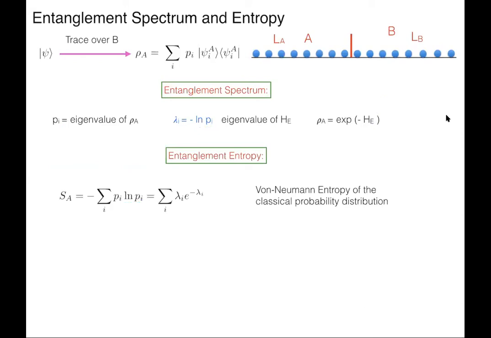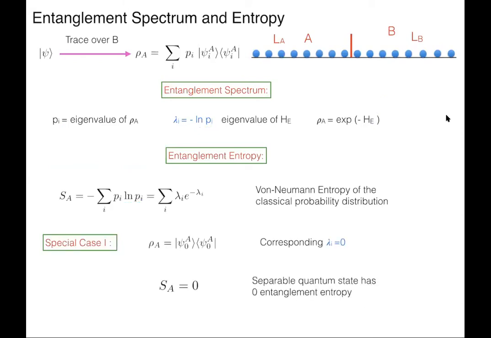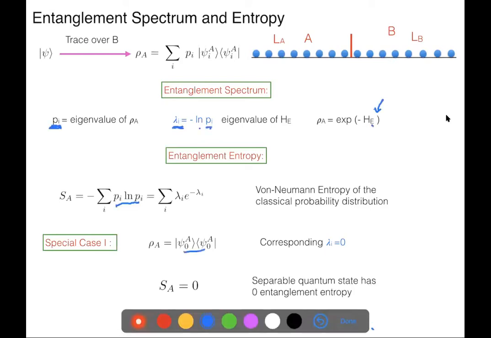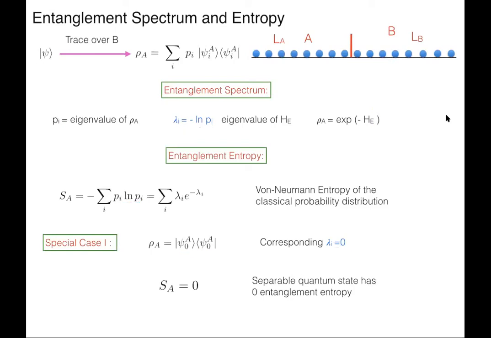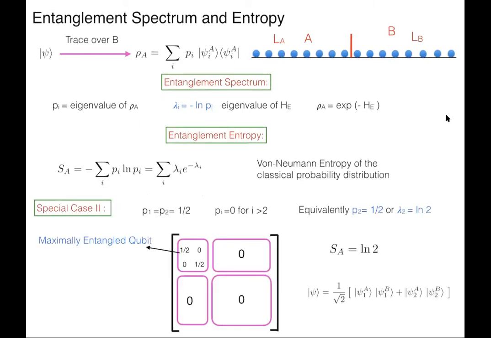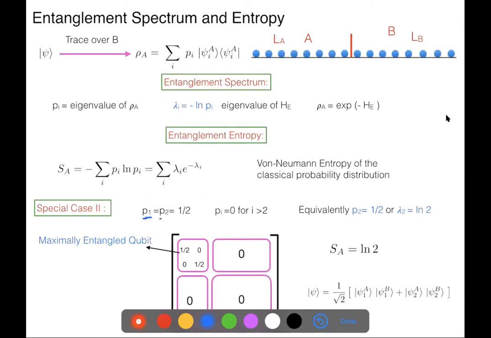Before we move on, let's look at the special case where I ended up with a factorizable state. The corresponding lambda_1 is 0, p_1 is 1, S_A will be 0, so the separable state has 0 entanglement entropy. Another nice special case is where only two states have p_1 equal to p_2 equal to half, and every p_i is 0 otherwise, which is a density matrix like this.